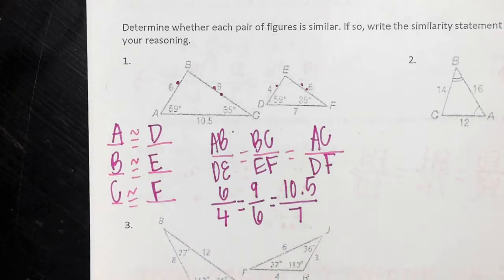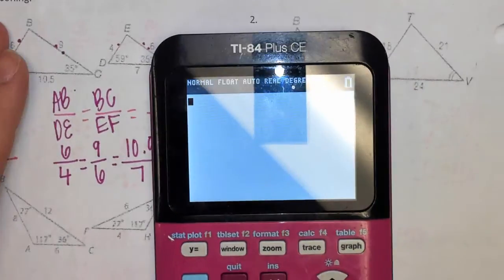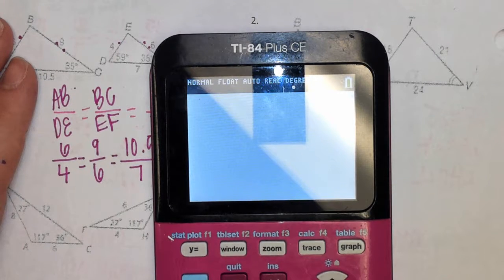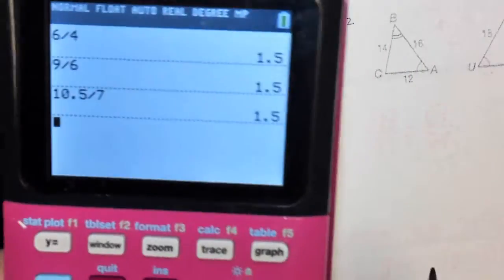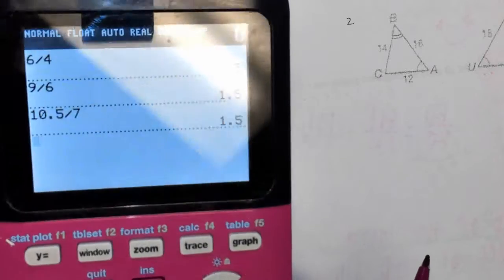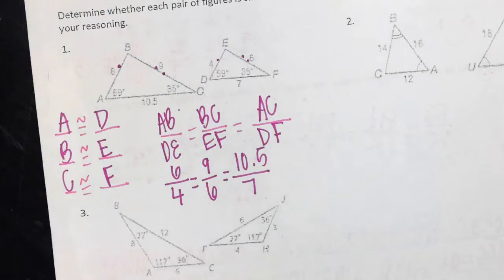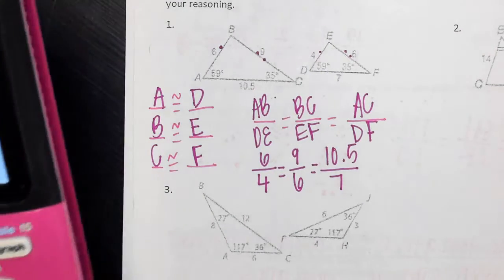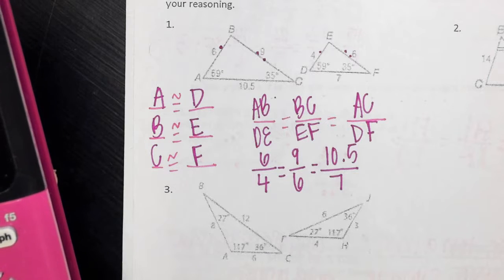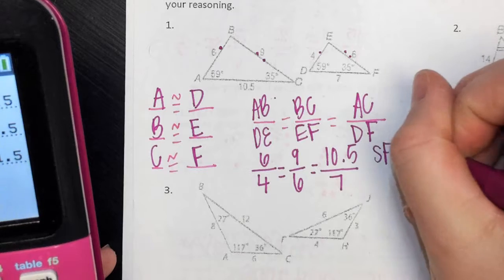So take your calculator and plug those in. 6 divided by 4, 9 divided by 6, 10.5 divided by 7. You're behind a little bit, aren't you? So what's the scale factor? Scale factor is not a decimal. 3 to 2. Your scale factor is 3/2.